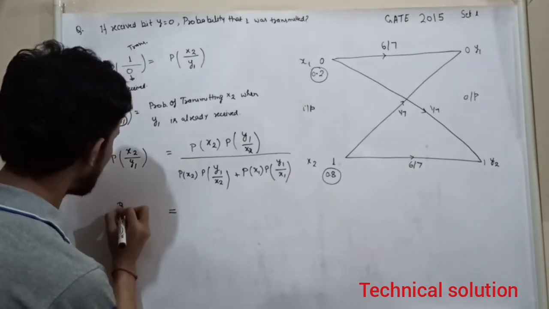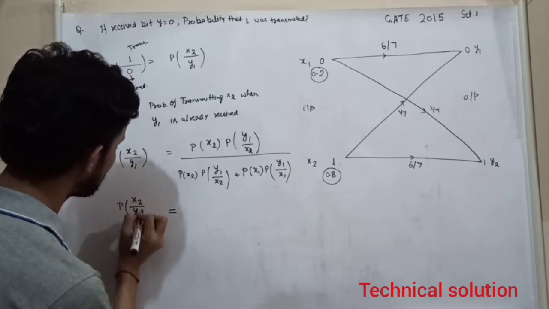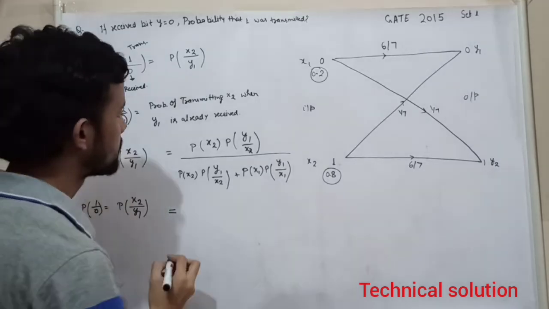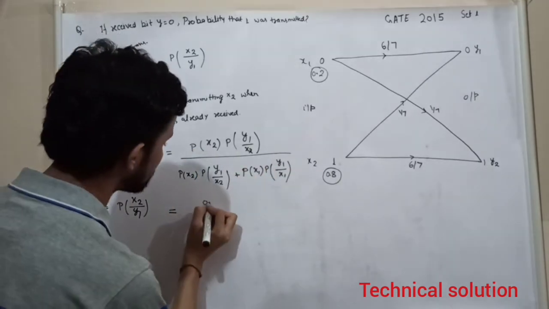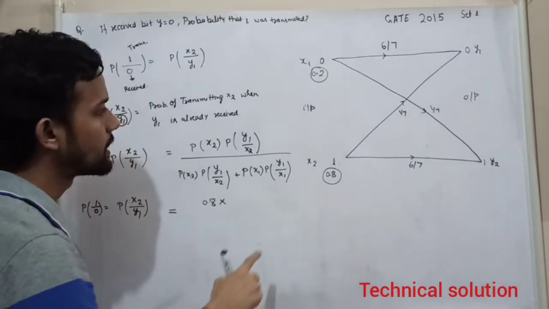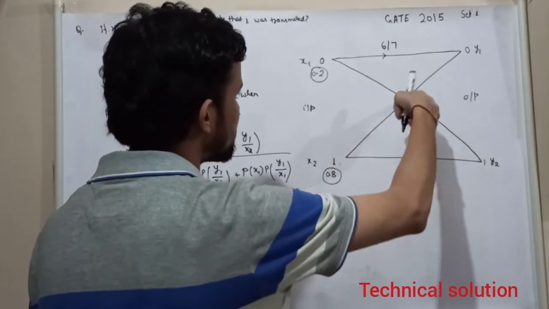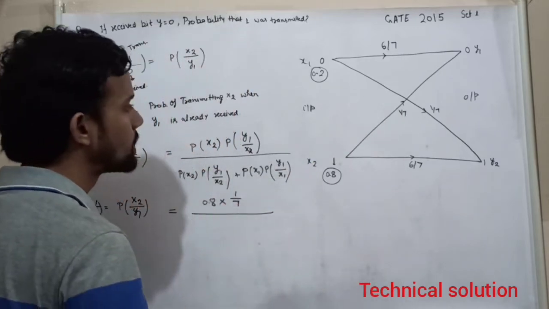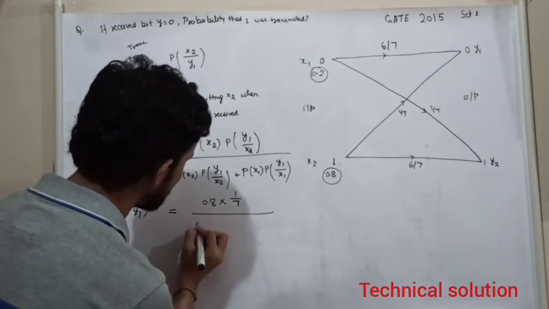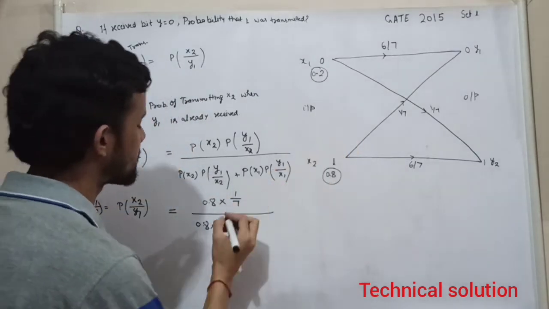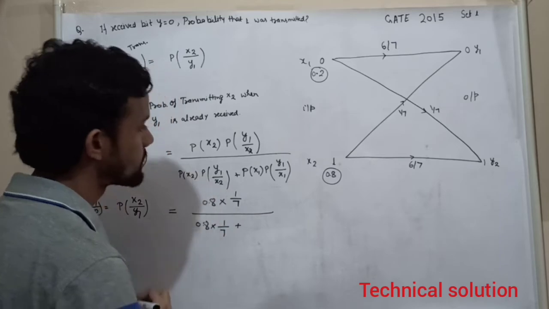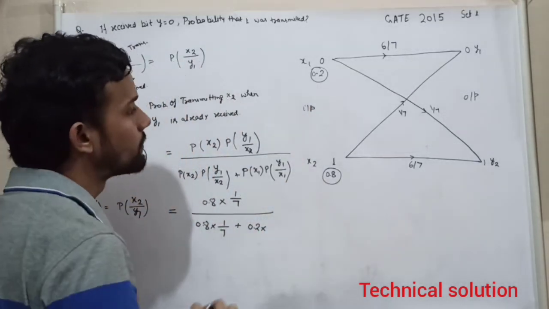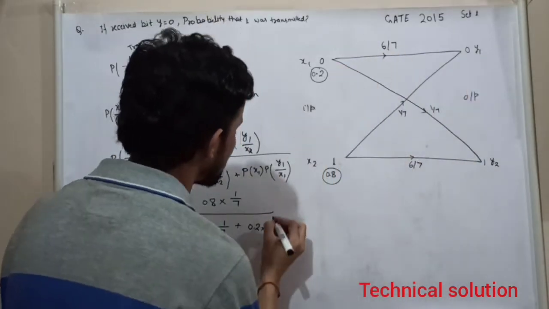If you put in the values, the value of P(x2) is 0.8 as already given in the question, and P(y1/x2) is given as 1/7, divided by P(x2) which is 0.8 into P(y1/x2) which is 1/7, plus P(x1) given as 0.2 and P(y1/x1) given as 6/7.